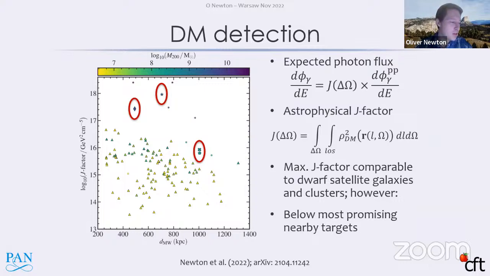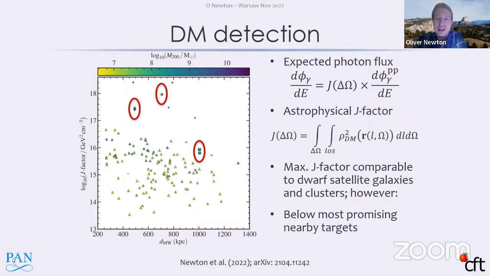So when you are looking at objects and trying to calculate what you might expect from its dark matter annihilation, the photon flux you would expect to get from it, you can break up into 2 parts. There's a particle physics part, which basically encodes the information specific to the dark matter particle itself. It could be its mass, its interaction cross-section, and so on. Things that we don't know a priori.